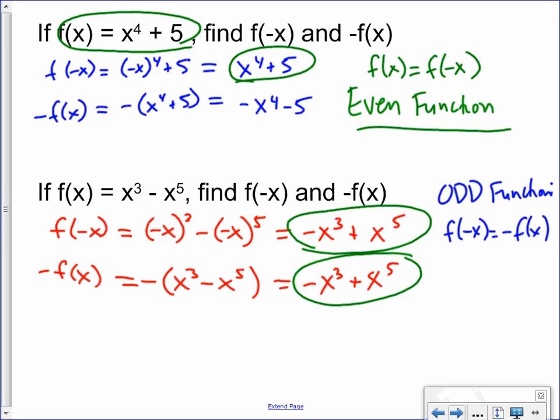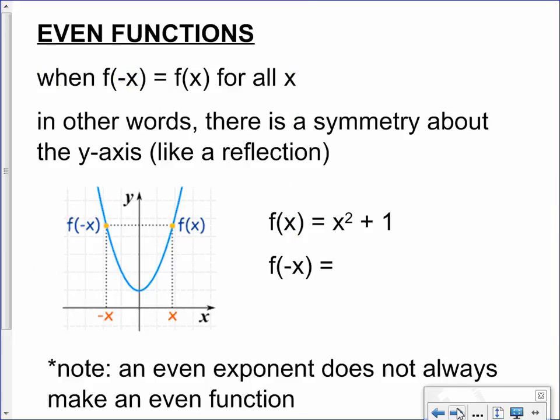All right. In other words, and this is what Panay was saying, here we go. There's symmetry. It's symmetric about the y-axis. The f of negative x is equal to f of x, right? For example, this parabola, x squared plus 1, is on there.